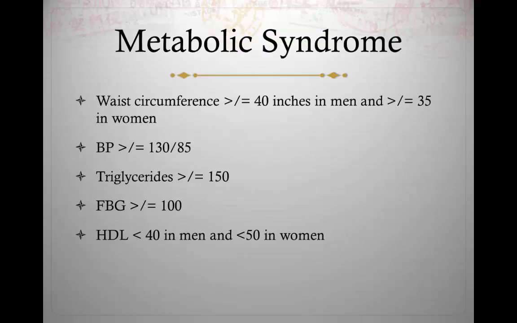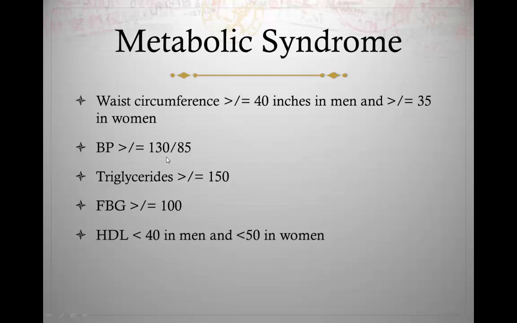What is metabolic syndrome? It used to be called syndrome X or insulin resistance syndrome. It's characterized by a large waist circumference, more than 40 inches in men and more than 35 in women, basically due to excess abdominal fat.